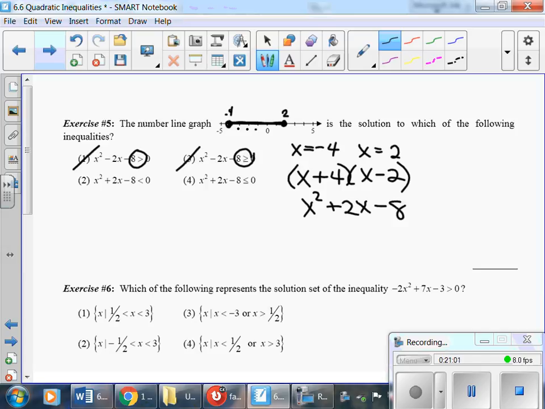And we have solid circles, so I know it has to be less than or equal to 0. Actually, if you looked at it, these are exactly the same, except for our signs. So I missed that. If I knew they're solid circles, I know they have to be less than or equal to signs. So clearly, the answer needs to be number 4.